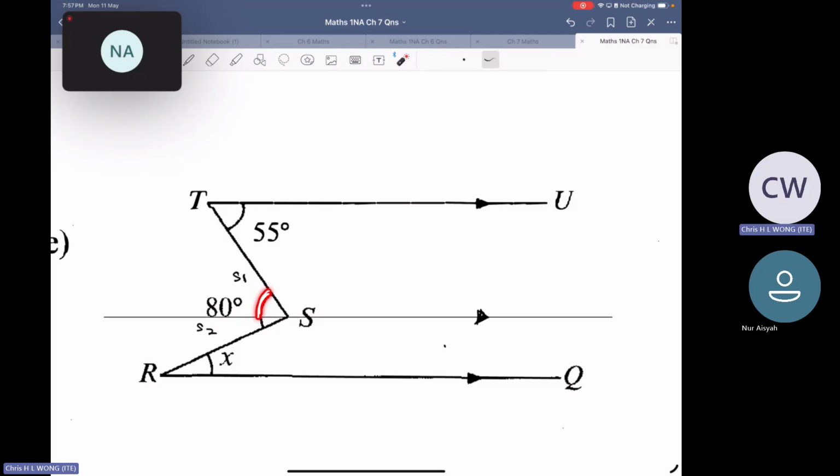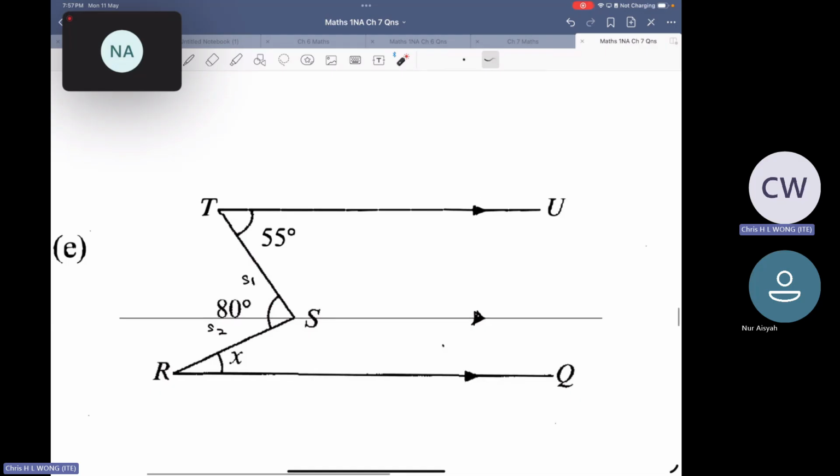It's actually 55. So this is actually 55 from here. S1 is 55, so I'm going to put here equals to 55. Am I right? If S1 is 55, what is S2? 25. How do you get 25?